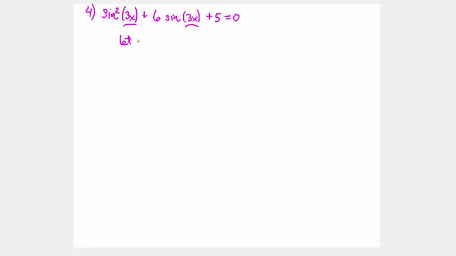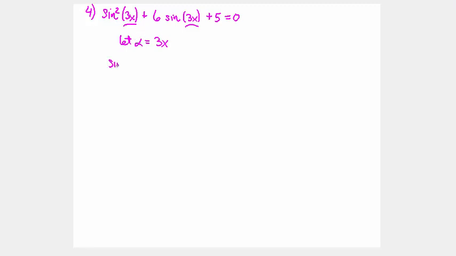We'll say let's let alpha be equal to 3x. Now really this is just a little bit of smoke and mirrors to hide what we're looking at so that it looks more familiar. Let's go ahead and rewrite the original equation but with an alpha instead of a 3x.